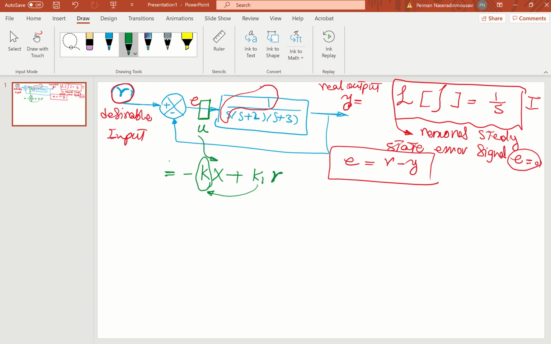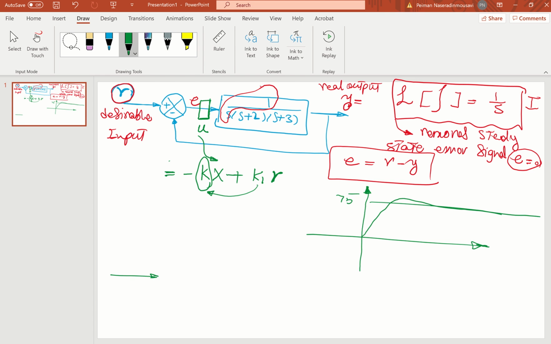If you remember, to follow a step function of 75, implementing this controller, it becomes like this.